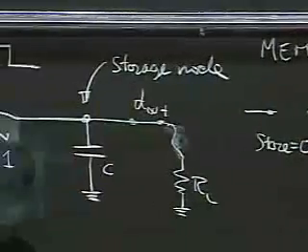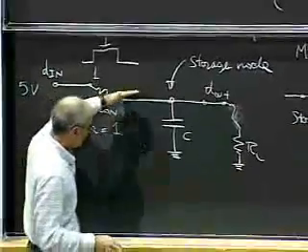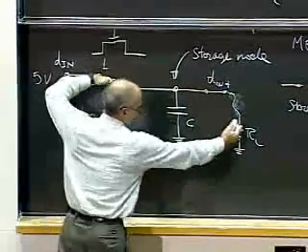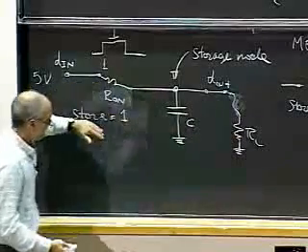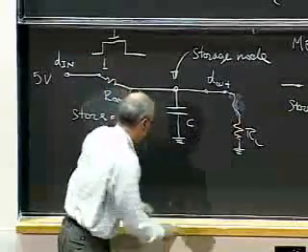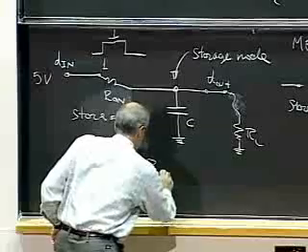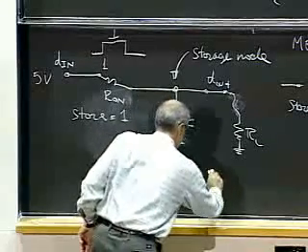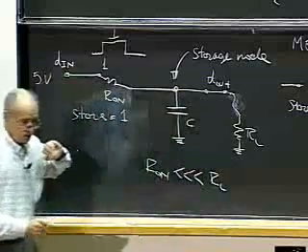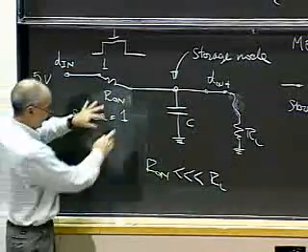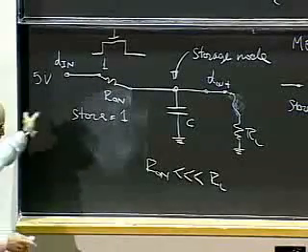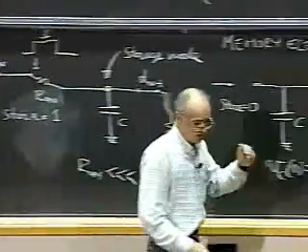So, and what is the relevant time constant? It's going to be the R on C. In fact, it's actually the R on parallel RL with C, but typically R on is much, much less than RL, so we don't have to worry about that. The dominant time constant is R on C. Okay? So, provided these things are happening, we have a memory.